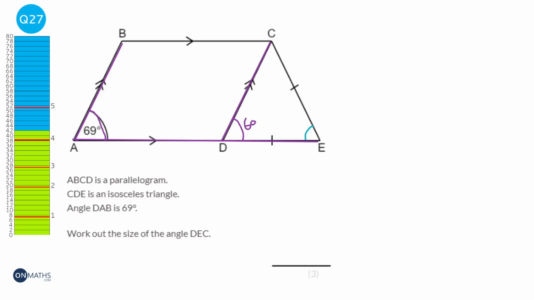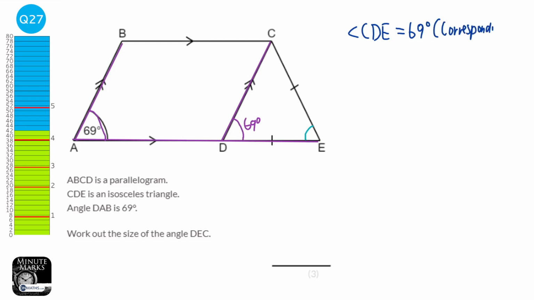So this is going to be 69 degrees. So I need to write that down properly. So angle CDE equals 69 degrees because of corresponding angles.